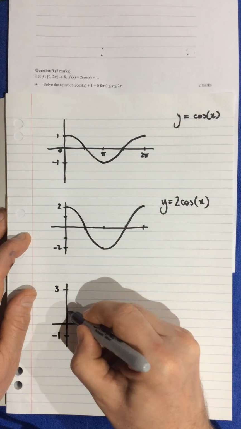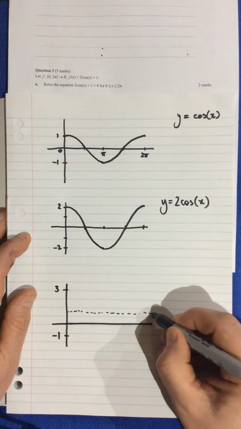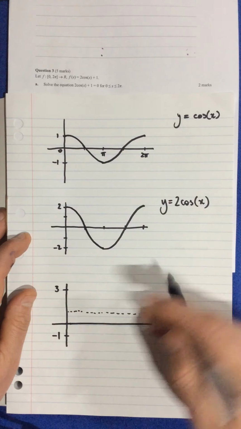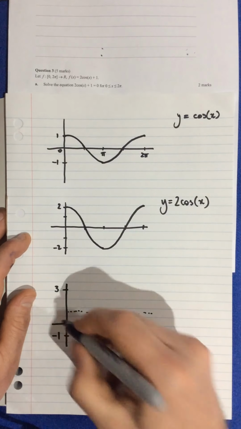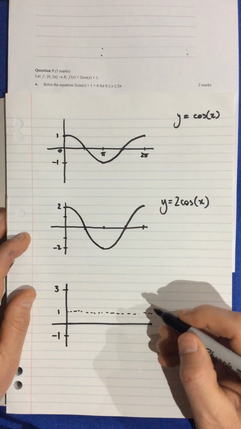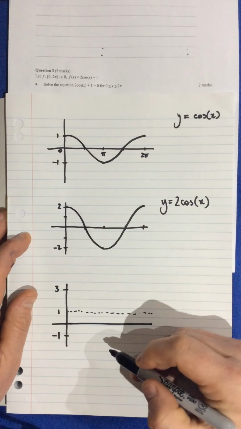So you can imagine I like to have a little dotted reference line around which the trig function is cycling, and in this case it's going to be 1. It's normally my x-axis, but in this case the whole thing is shifted up.